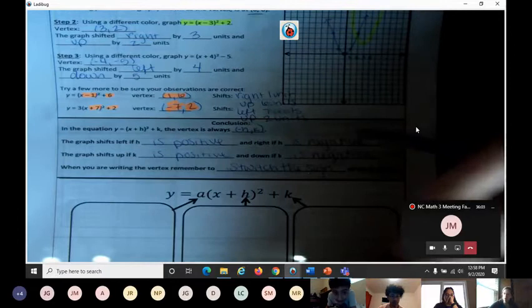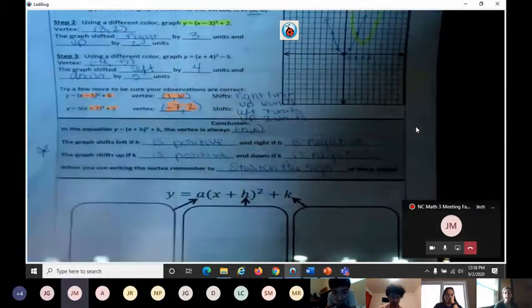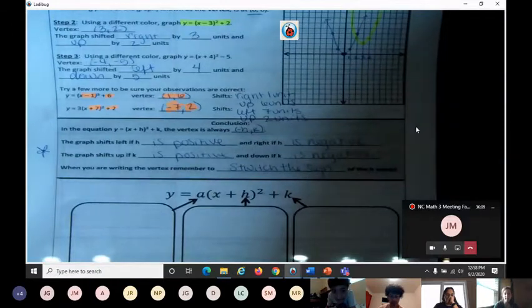And then this part right here is super important, okay? This is all also supposed to be done last night. This was your classwork for yesterday.